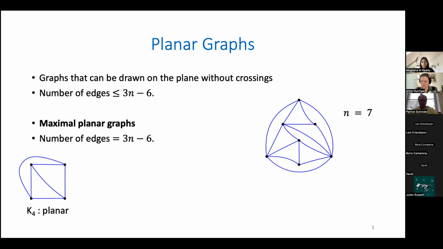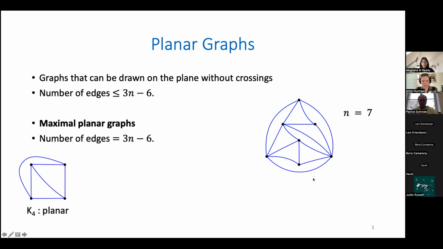Another thing that is known is that every maximal planar graph has exactly 3n minus 6 edges. So you can observe here that every planar graph has at most 3n minus 6 edges, but if we keep adding edges to this graph until it remains planar, then we always end up with a graph which has 3n minus 6 edges.